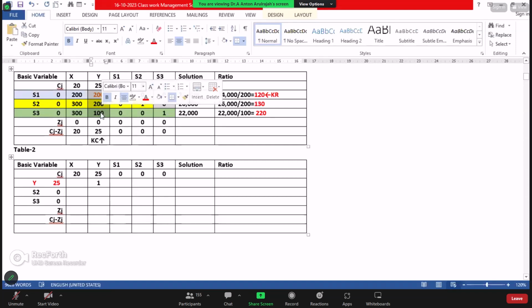So in this context, how can we make this 200 here a 1? If you divide all the values in this row by 200, that becomes 1. 200 divided by 200 is 1. Here also 200 divided by 200 is also 1. Here 1 by 200.